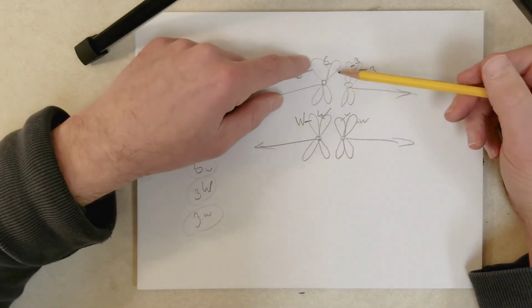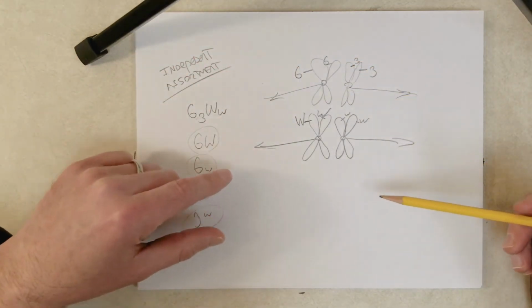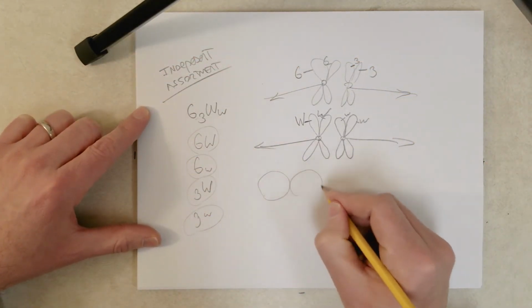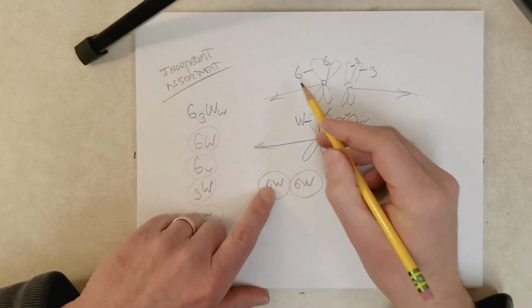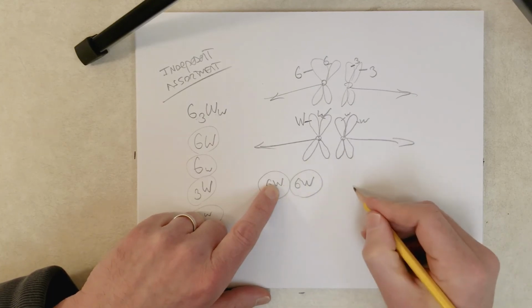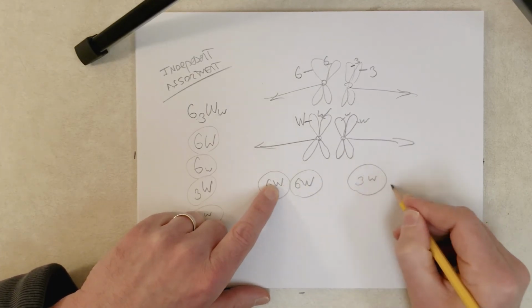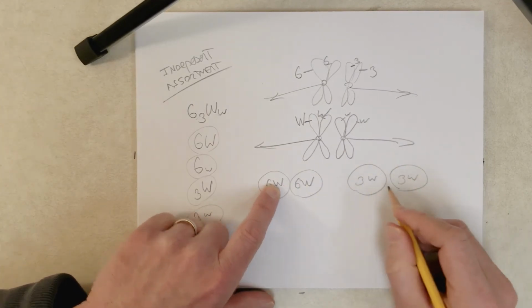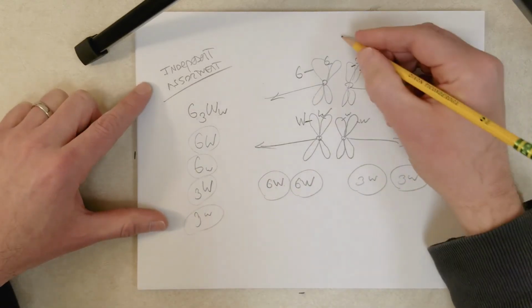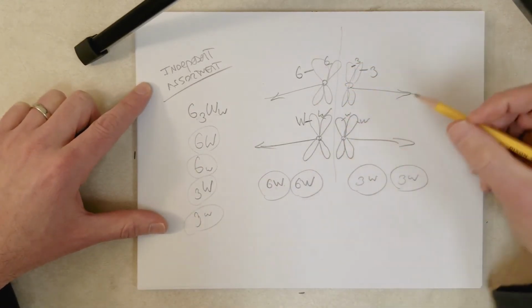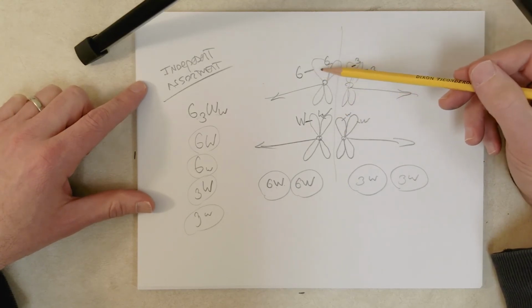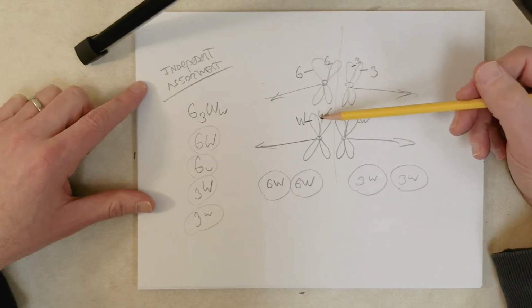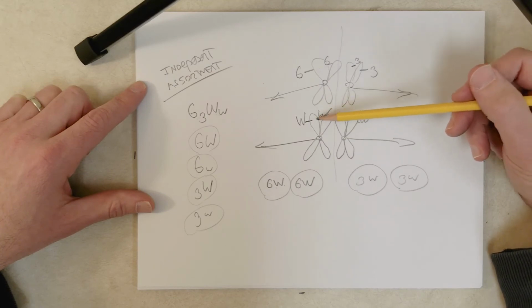Now in this case, if we follow this all the way through meiosis, we will get gametes where the big G's are with the big W's and the little G's are with the little W's. And the reason that is the case is because, if this is the metaphase plate, the big G's are aligned on the same side as the big W's.